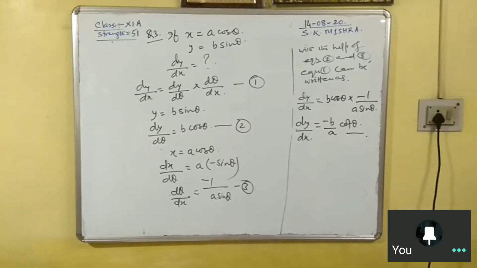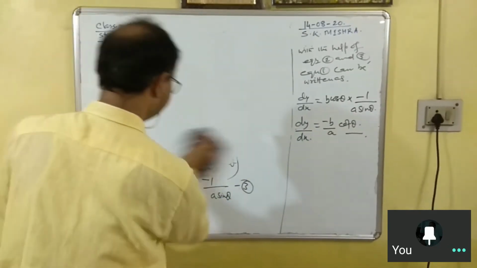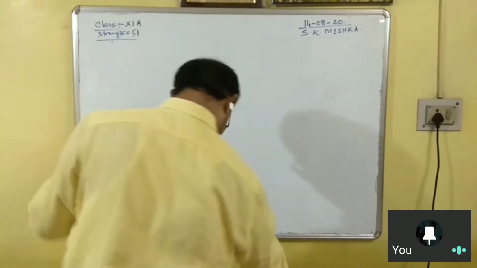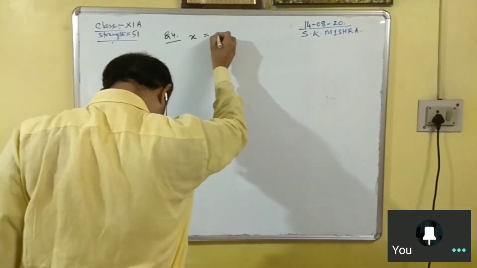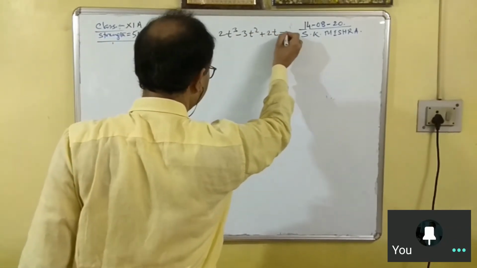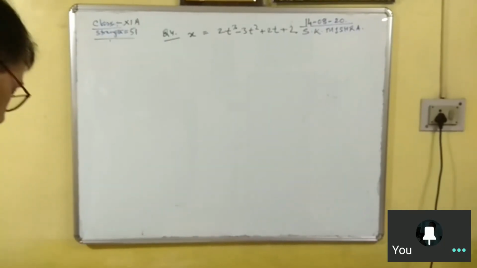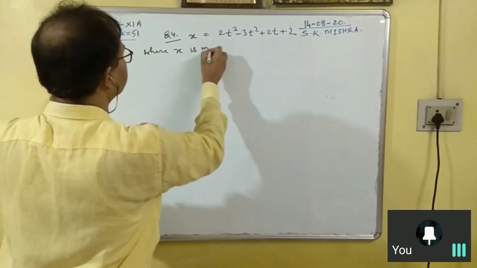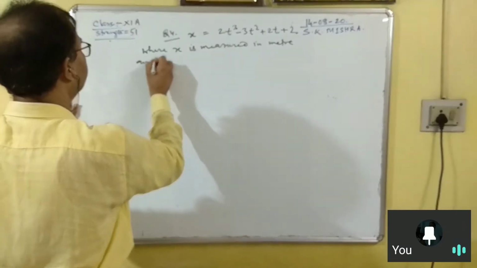Take it. Okay. Now, question number 4. So now we are finding, I am giving you a relation, number 4, x is equal to 2t cube minus 3t square plus 2t plus 2, where x is measured in meter and t in second.